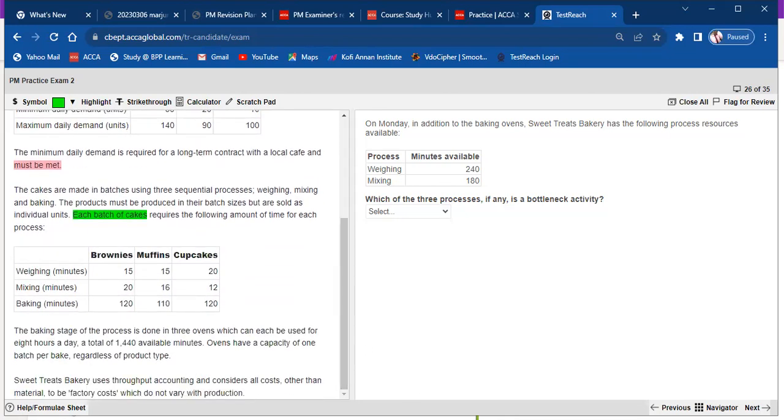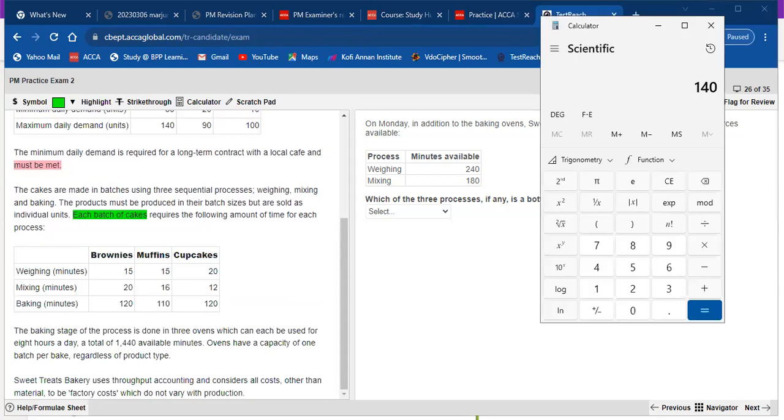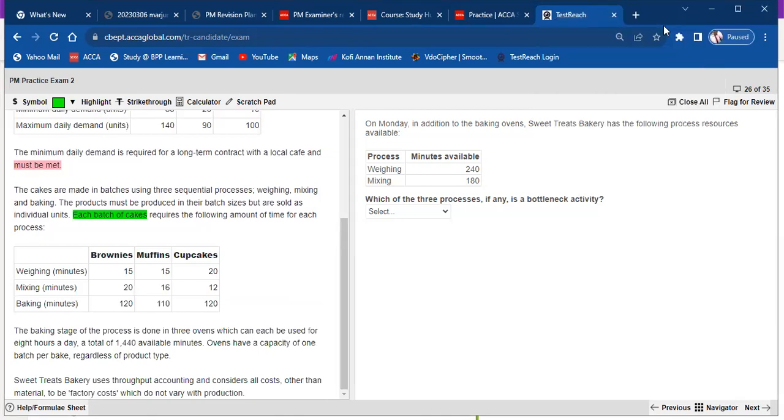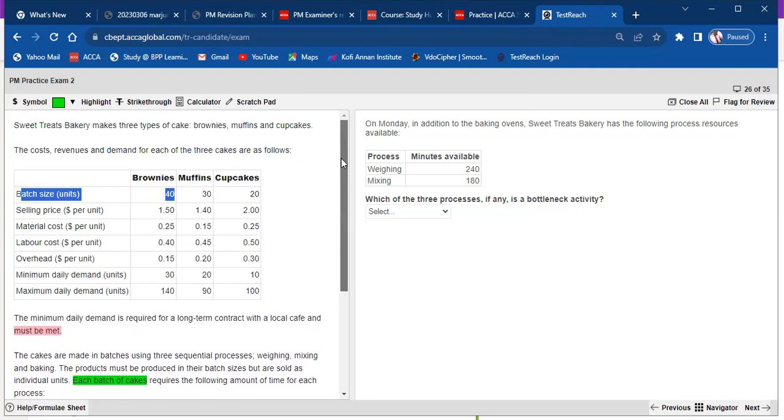Sir, I have a question. Yes, please. Sir, why not the minimum? Because we have a bottleneck here. All right. And there was a comment that the minimum daily demand is required for a long-term contract. Right. So minimum demand, maximum demand.